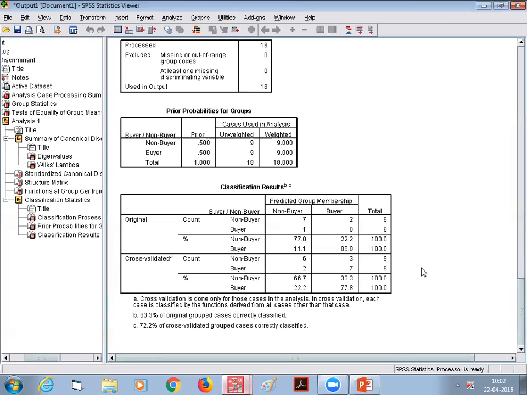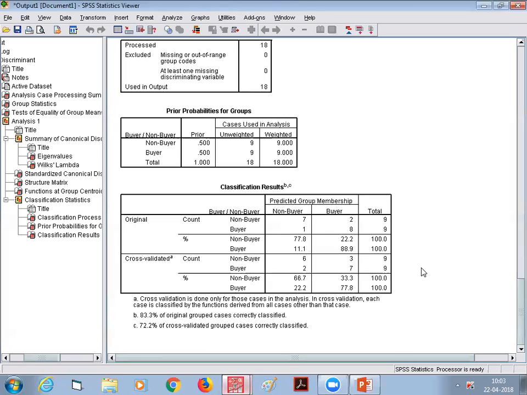So this is from the original data. Suppose I use cross validation, I explained just now what the meaning of cross validation is. If I use the same data with the cross validation, how is it classifying? In the cross validation, you can see that 6 out of 9 were correctly classified, 3 were misclassified.